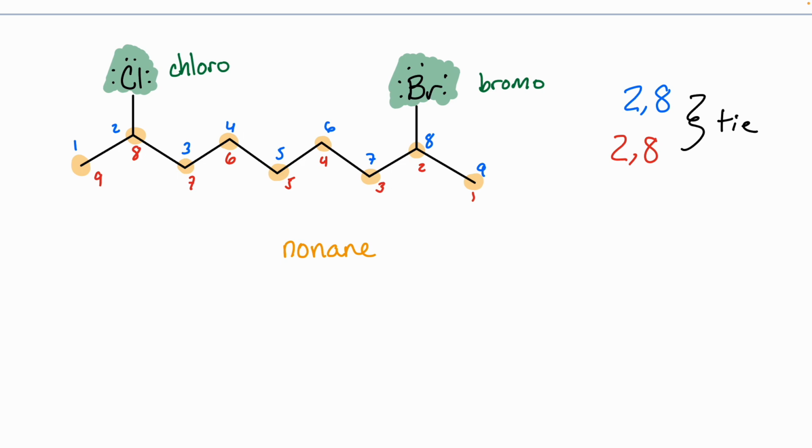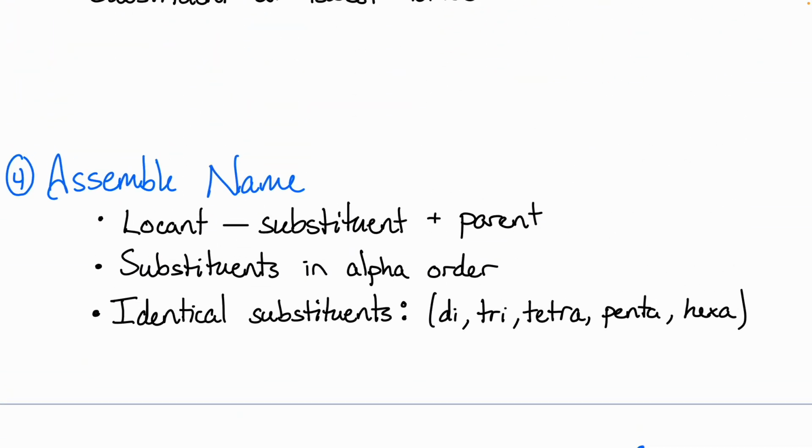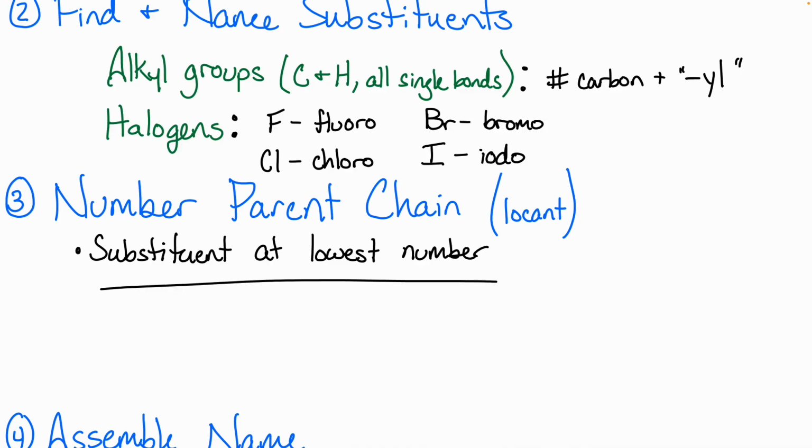Yeah. So if and only if you have a tie in your numbering schemes, you break that tie with alphabetical order. All right? Remember, your first goal in life is the lowest substituent the lowest number in the name. That's the first goal. If and only if you have a tie, then you break that tie with alphabetical order. All right?